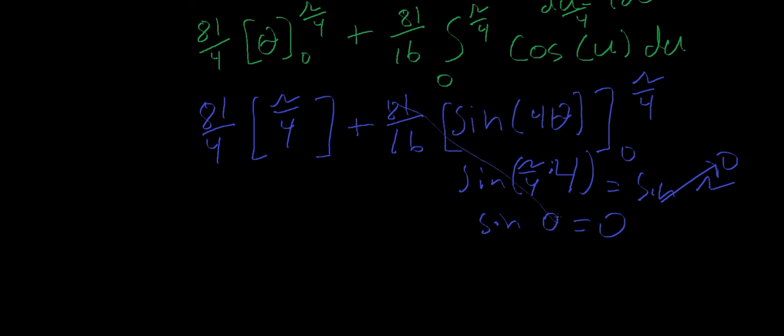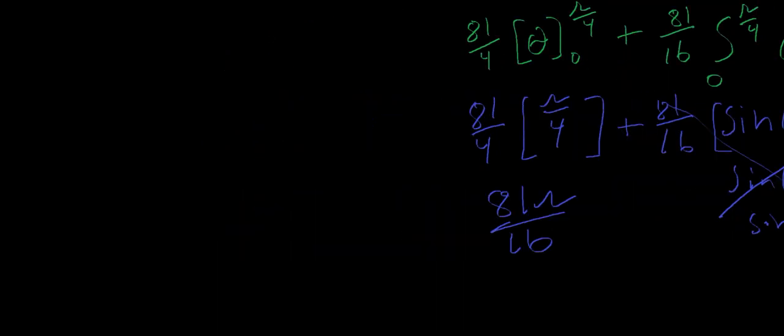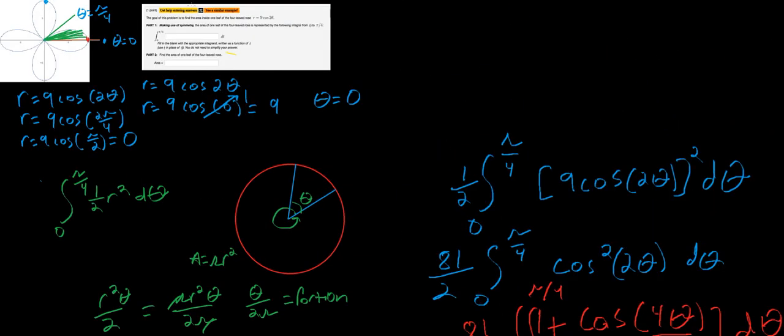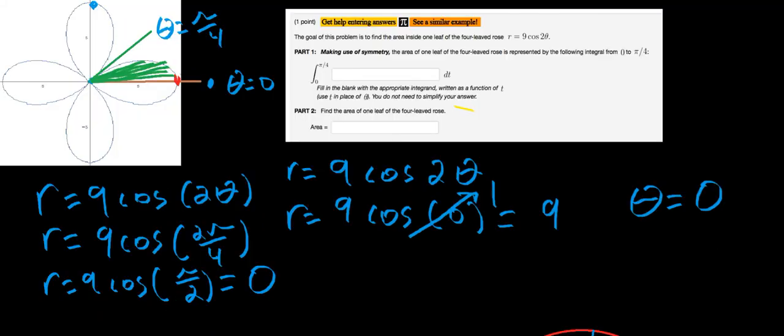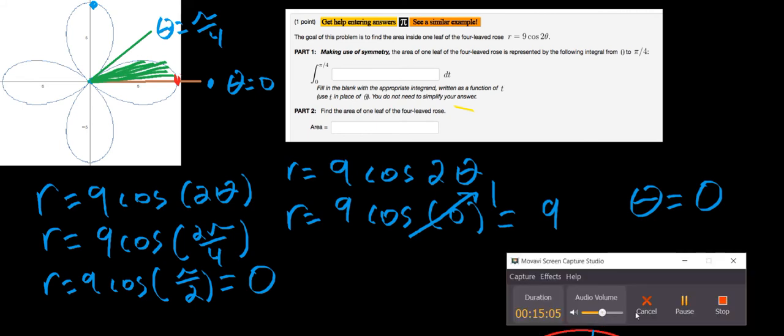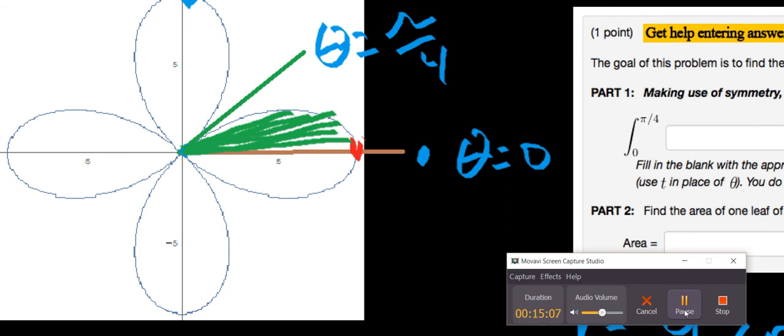So I don't even have to worry about any of this. And all I have now here is 81/16 times pi, 81 pi 16ths.